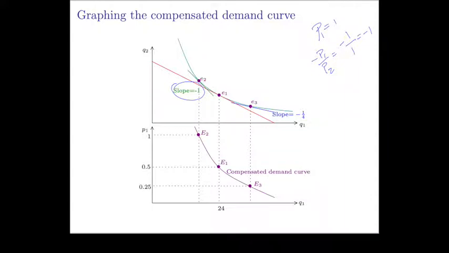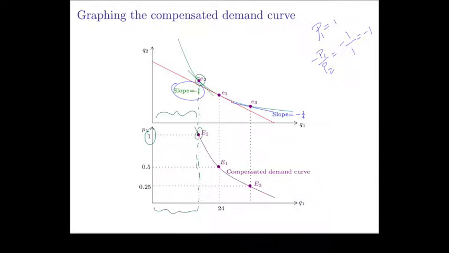So if we want to make sure that the consumer stays on the same indifference curve, we would have to compensate them so that they come back to this indifference curve and they would consume some bundle like E2. So again, we put 1 and whatever the quantity that they consume at this bundle E2, put that here, and that gives us this point, capital E2.